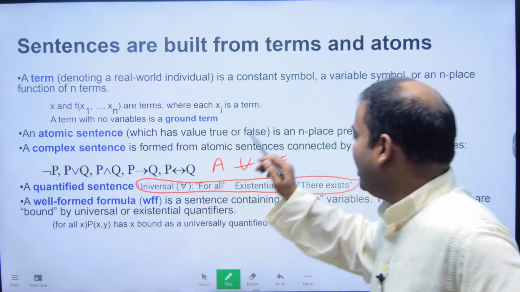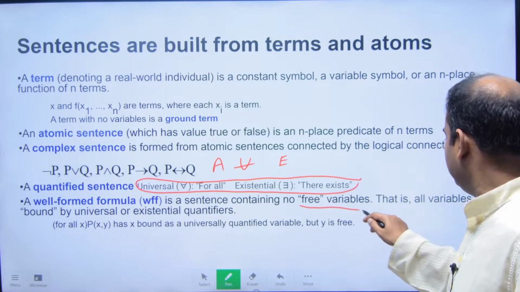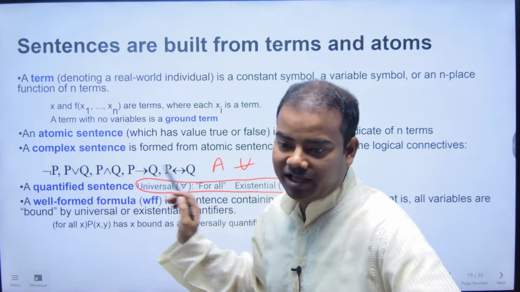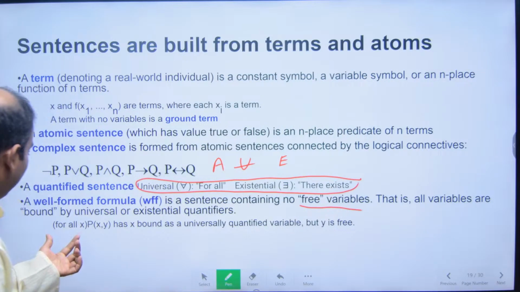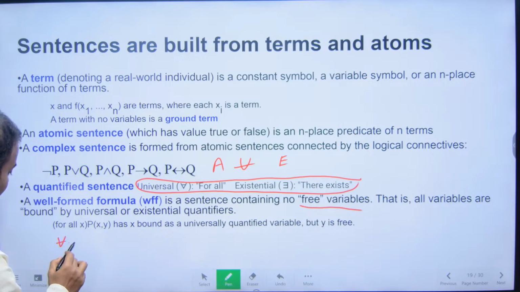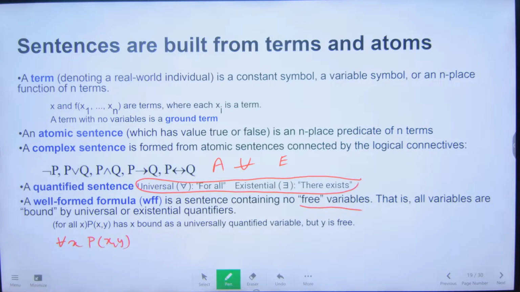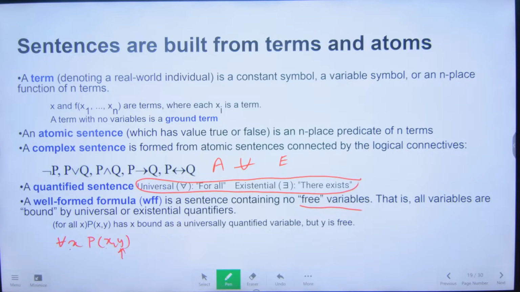A well formed formula in predicate calculus is a sentence containing no free variable, that is, all variables are bounded by some quantifier. Okay. So look at what I have written, for all x Pxy. Here x is bounded by this for all x, but for y there is no quantifier.